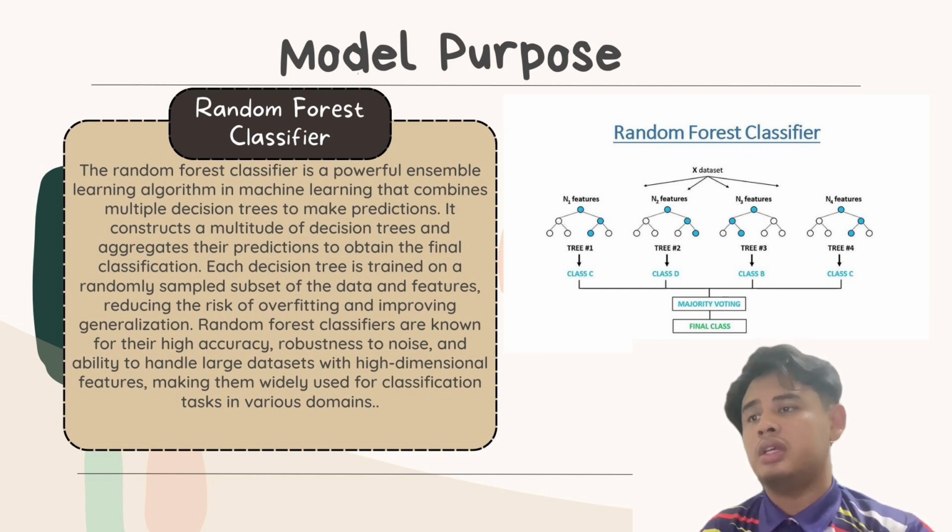Each decision tree is trained on a randomly sampled subset of the data and features, reducing the risk of overfitting and improving generalization. Random forest classifiers are known for their high accuracy, robustness to noise, and ability to handle large datasets with high dimensional features, making them widely used for classification tasks in various domains.